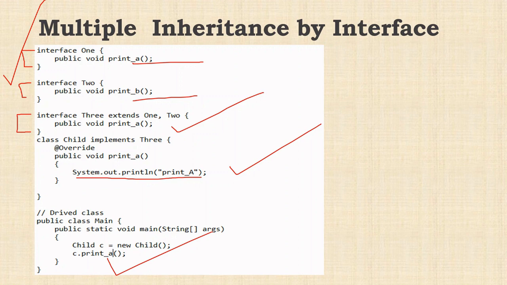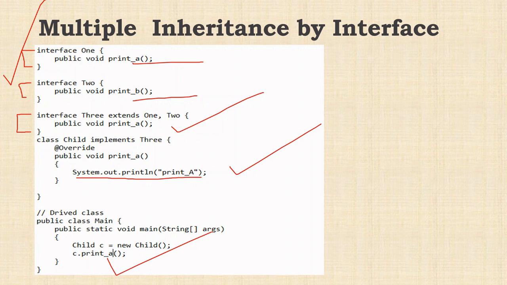In the previous case it does not work because there's ambiguity. It was confused about from which class the same method will be called. That problem is called the diamond problem, and we can solve it with the help of the default method.